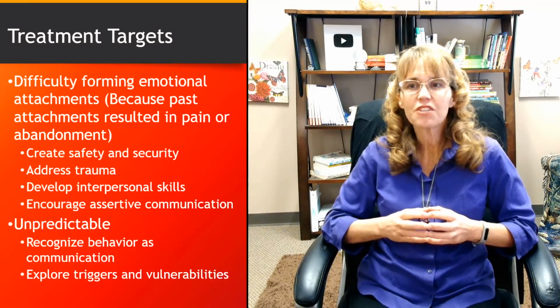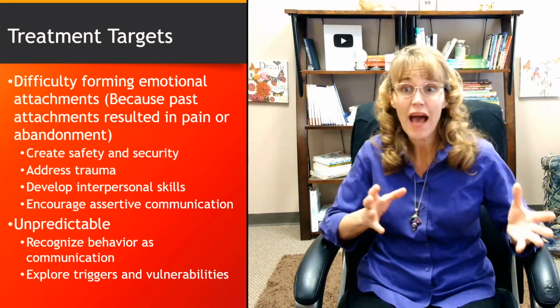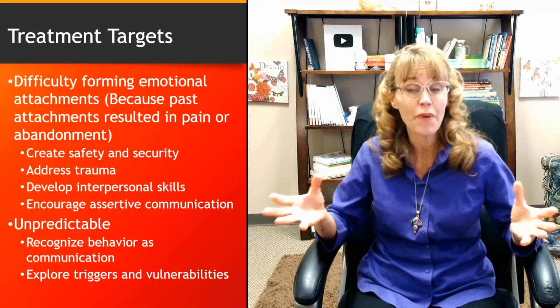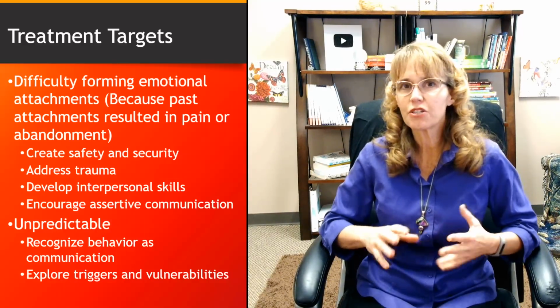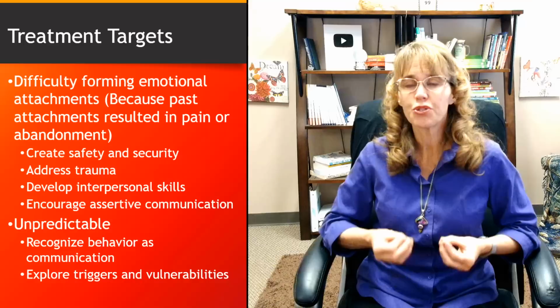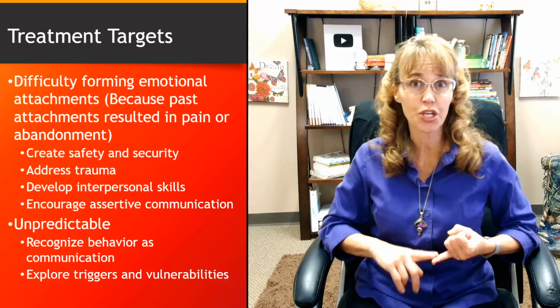People who have difficulty forming emotional attachments could be because past attachments resulted in pain or abandonment. Strategies we could use to help them would be to help them figure out how to create safety and security.